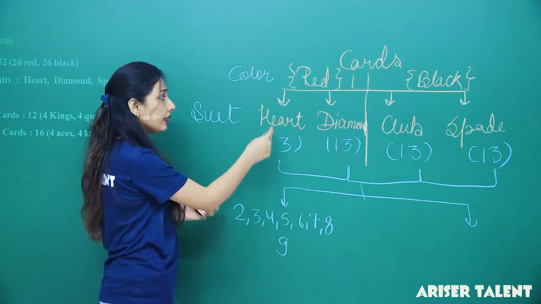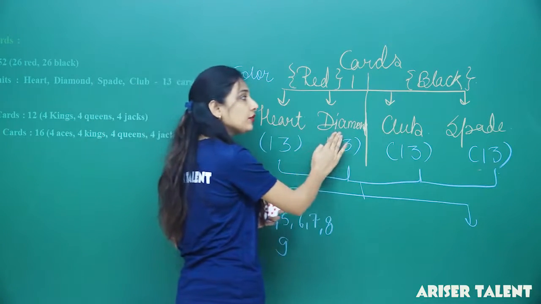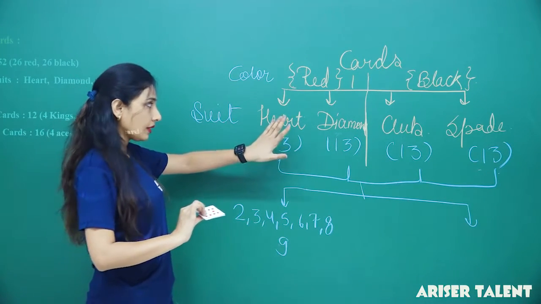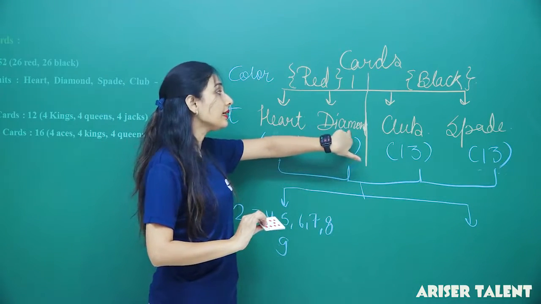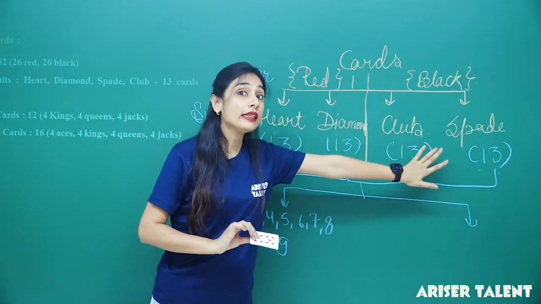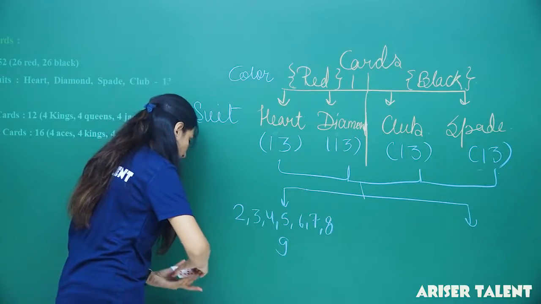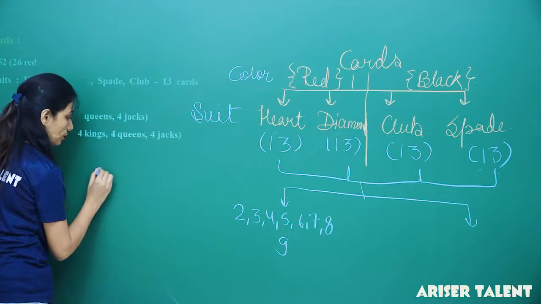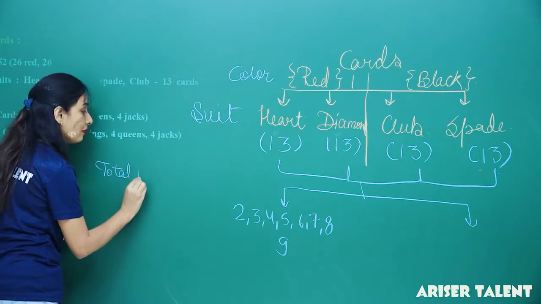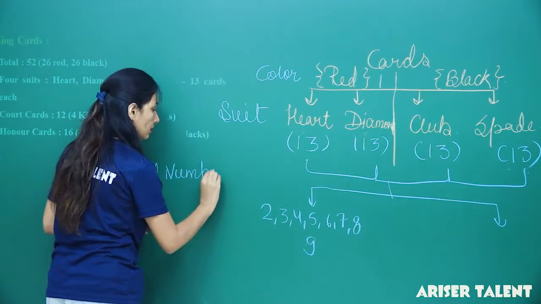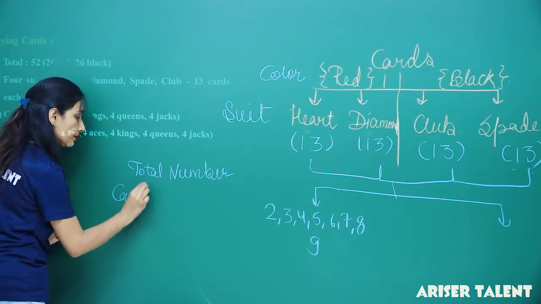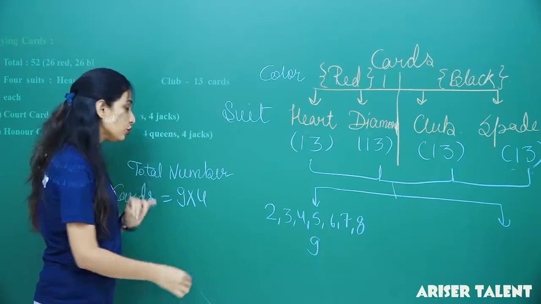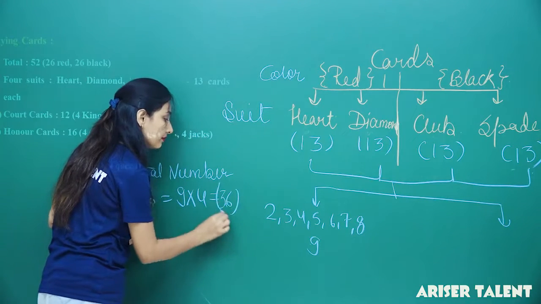Now number cards in the heart suit, diamond suit, club suit and spade suit: there are 9 number cards in each. So total number cards are 9 multiplied by 4, because we have 4 suits, that's 36.